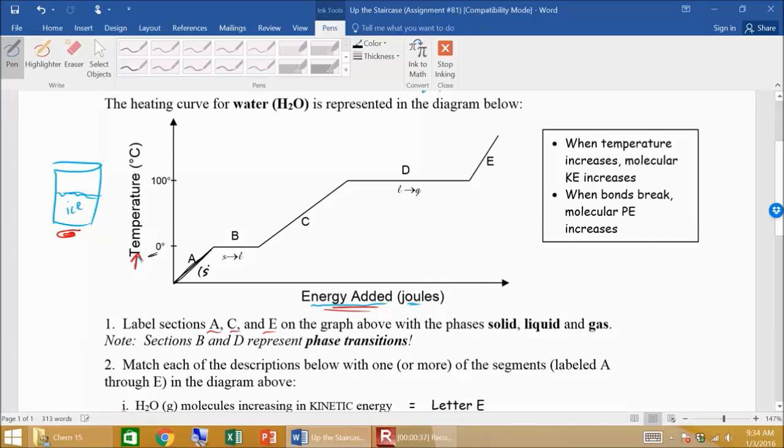This will be a solid state of water. The second segment is C, and you can see C is in the middle here, between 0 and 100 degrees Celsius, and that is the temperature range at which you would have liquid H2O. Whereas E, way up here, is a high temperature. This is above the boiling point of water, and that's the temperature at which you would have gas. So here's solid, liquid, gas on the diagram.